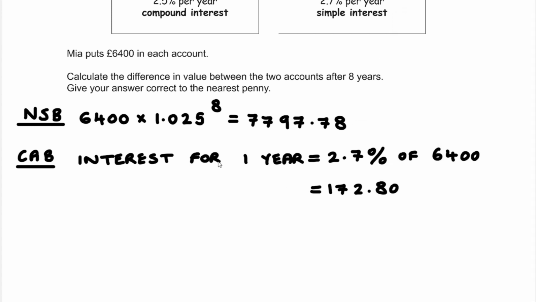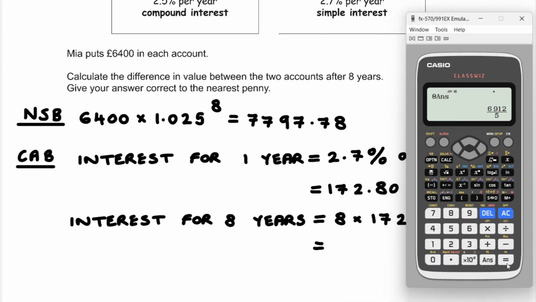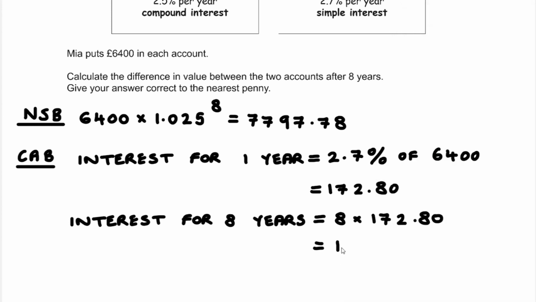We can now find out the interest for 8 years. So the interest for 8 years, we've got 8 multiplied by this £172.80. So if I multiply this by 8, I get a value of £1,382.40.